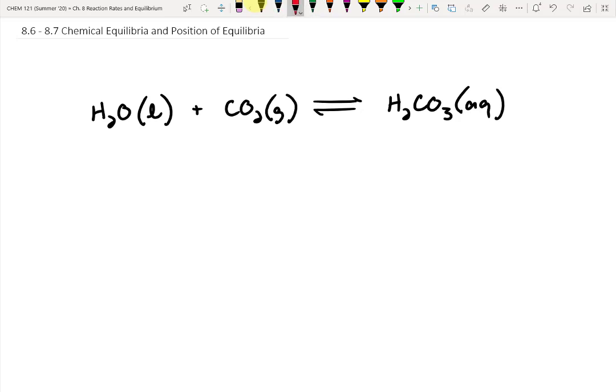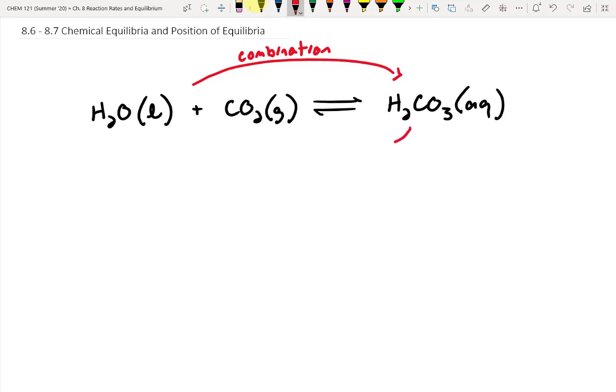So when we look at this, we've got this unique set of arrows here. This essentially means the reaction can go either forward or it could go reverse. So in the forward direction, this is just a combination reaction. But it's not that all of the water is going to react with all of the CO2 in the atmosphere to form exclusively carbonic acid, right?